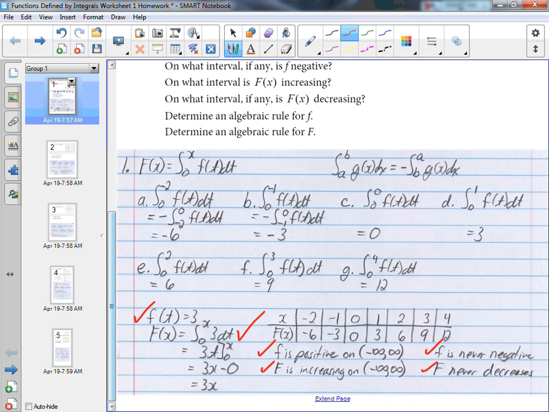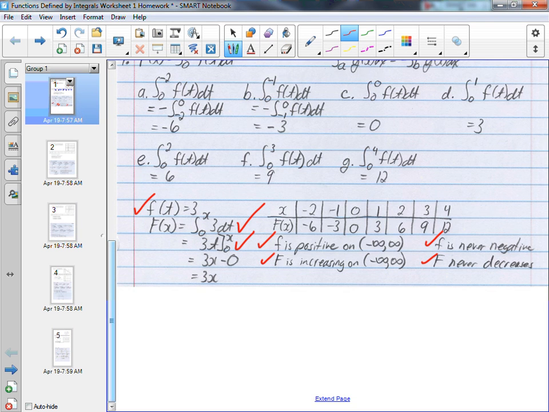Now, dt. So when we integrate that, we've got to get t, not x, right? So the antiderivative of 3 is 3t, but look, we evaluate it from 0 to x. 3 times x minus 3 times 0. So capital F of x equals 3x.